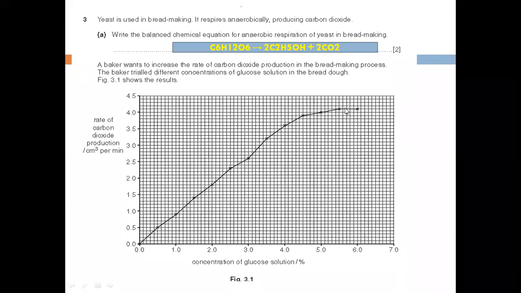Because of a certain limiting factor, the graph is constant. So our value at 7 should be 4.1. The same value will come.